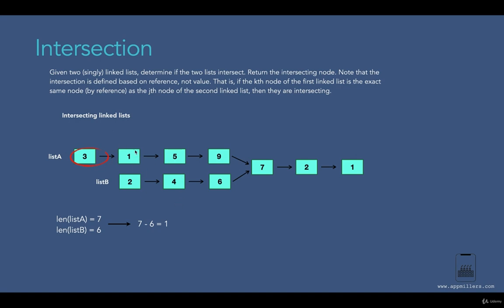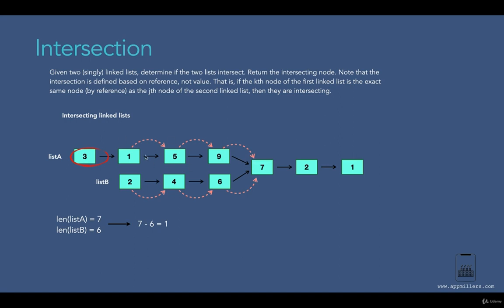In our case, if we start to loop from the second node of the longer list, which is list A, and the first node of the shorter list, which is list B, we will continue until we reach the intersecting node. We can easily see that the intersecting node is 7, so we are going to return 7.